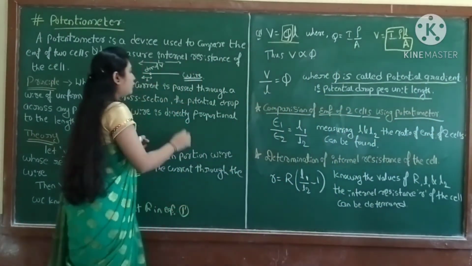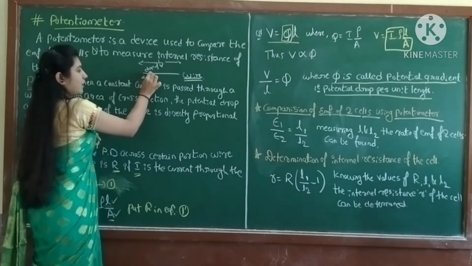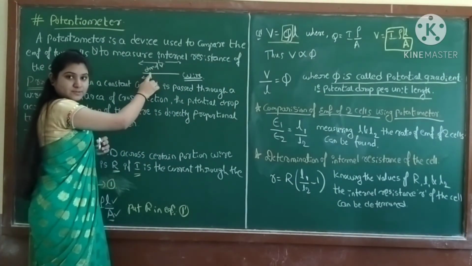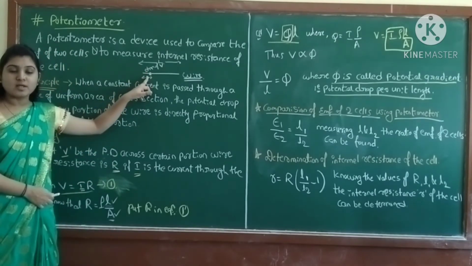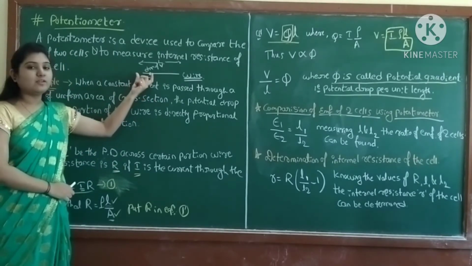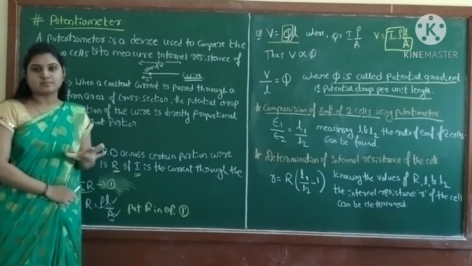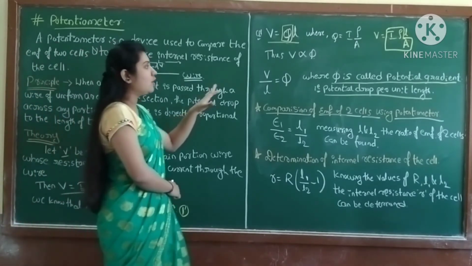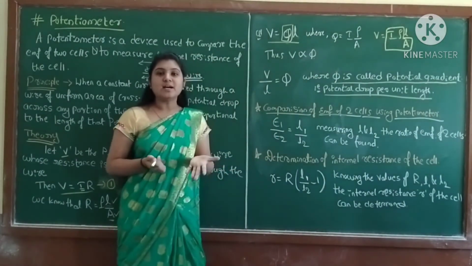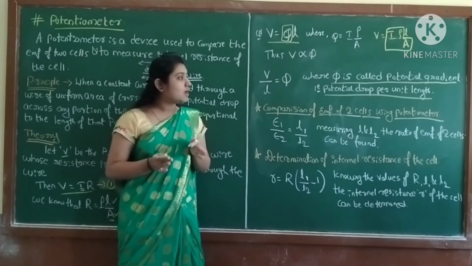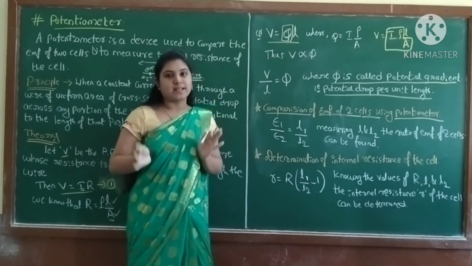That means, I told you, at this point the potential drops. That's why this value only we considered as phi. So phi is nothing but the potential gradient, or else the potential drop per unit length.